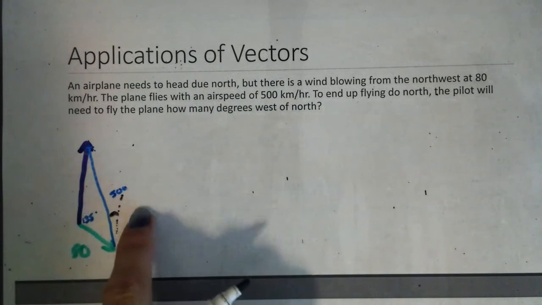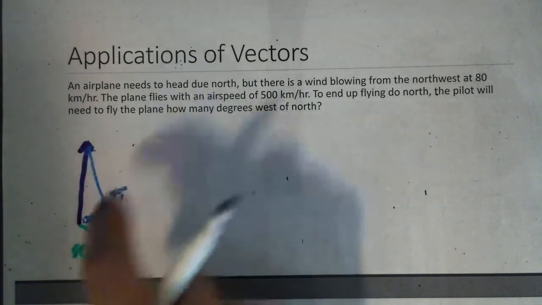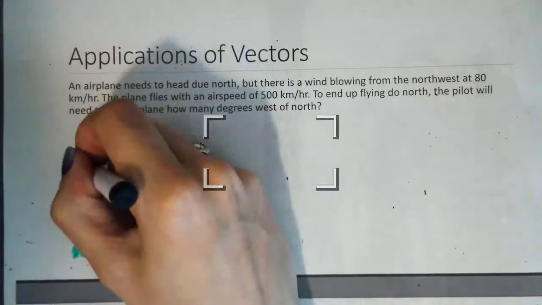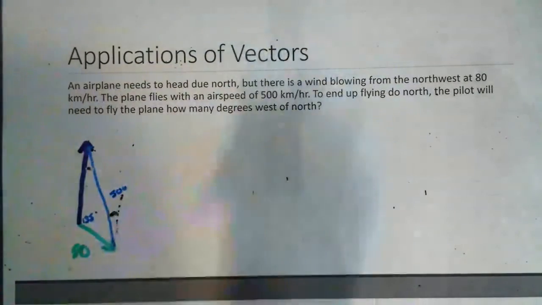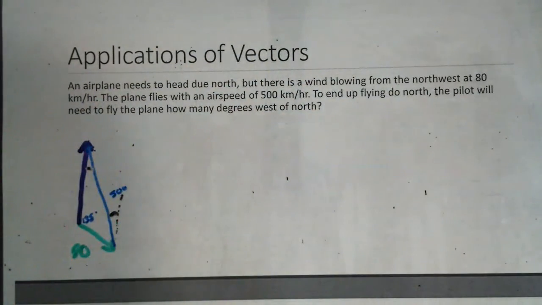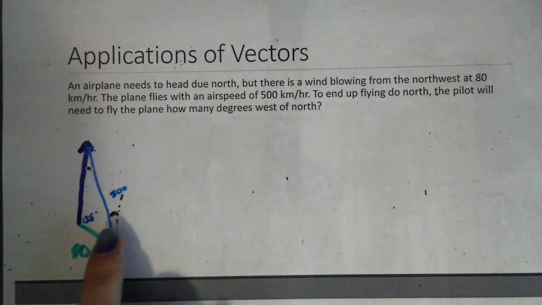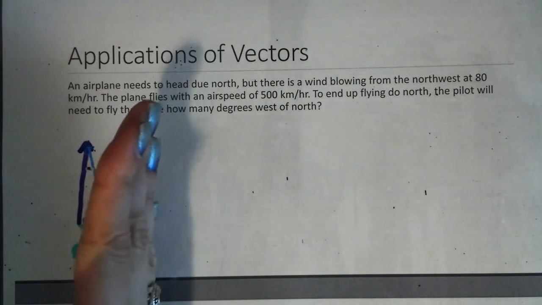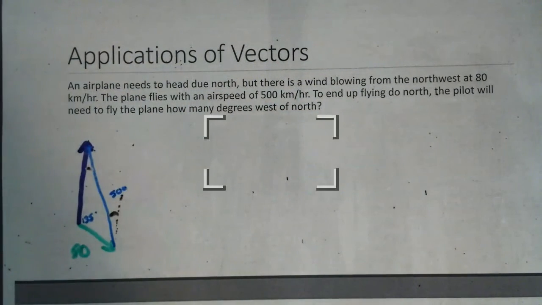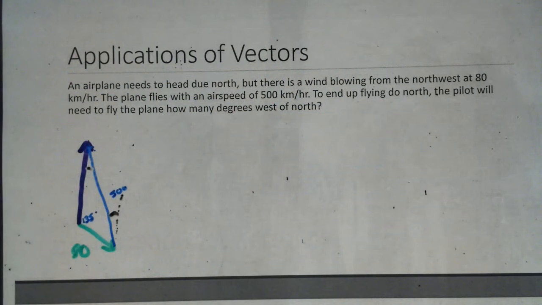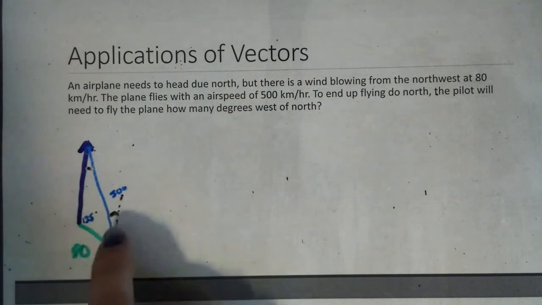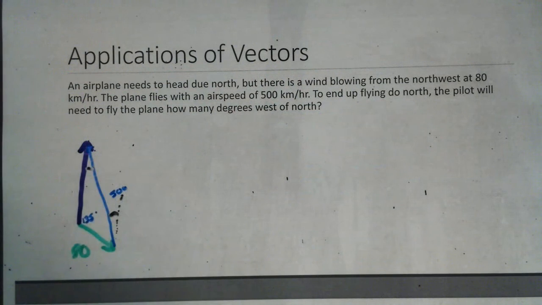But if purple is due north and black is due north, then that angle should be the same as this angle. They're called alternate interior angles, because this is how far the plane would have to turn west if it's going north. If it were going the other way, it'd be kind of the opposite angle. I don't know how to describe it, but it's true. If we find this angle, it will be the same as the angle we're trying to find.